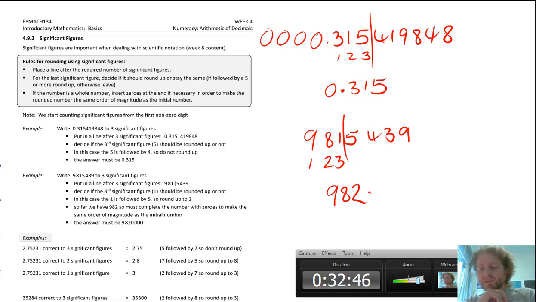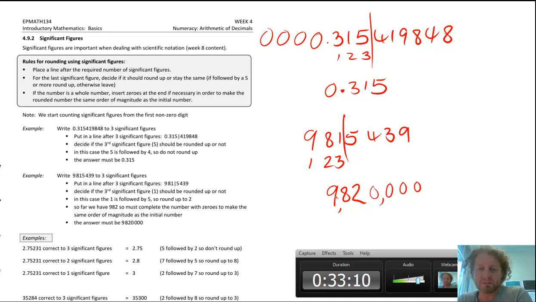That's 3 significant figures, but the bank's profit of $9,815,439 is very different to $982. Don't just leave it like that. We need 1, 2, 3, 4 zeros after it, because that 9 should still be in the millions column. I needed those zeros. I'm not calling them significant figures because the 9 and 82 were the significant ones I kept.